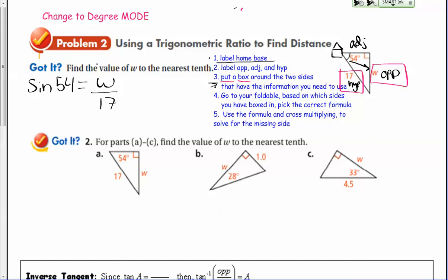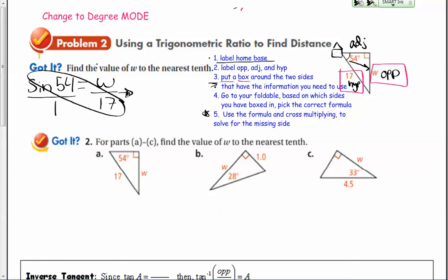That's where step number 5 comes into play. We're going to use our formula, the one I just wrote on the board, and then we're going to cross multiply to find our missing side. And if you remember, even though I don't see him, a 1 always lives underneath that guy.